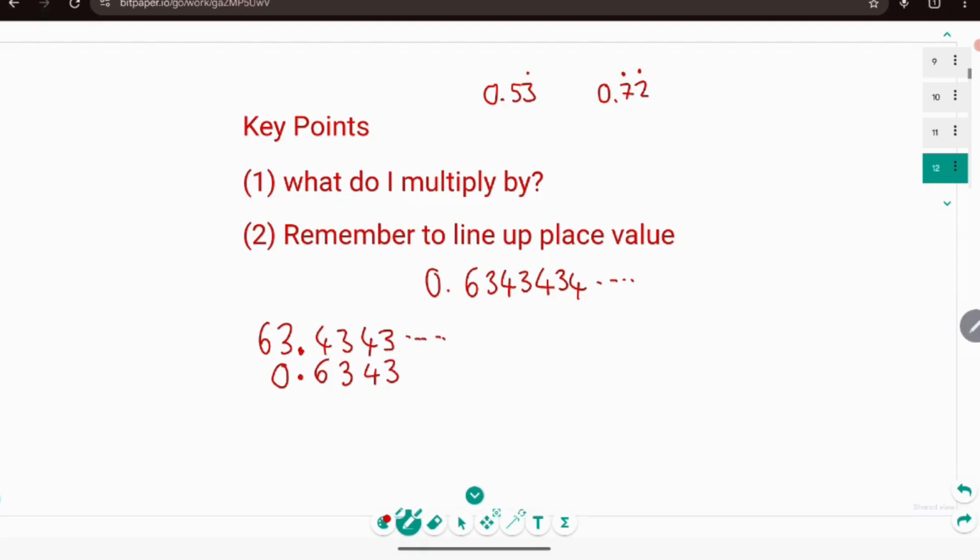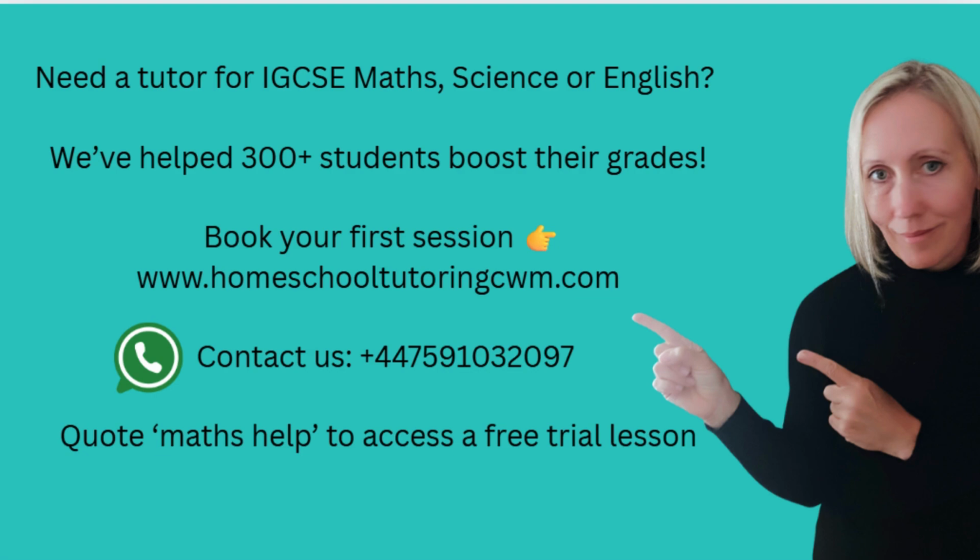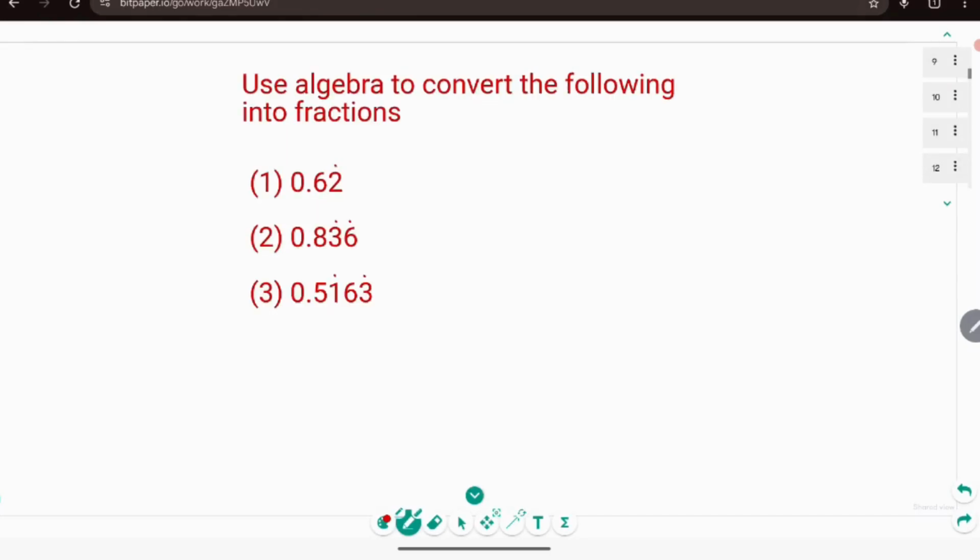So you can see where they cancel out when you subtract. Okay, have a go at these 3 final questions. See how you get on. Put me on pause and press play when you're finished.